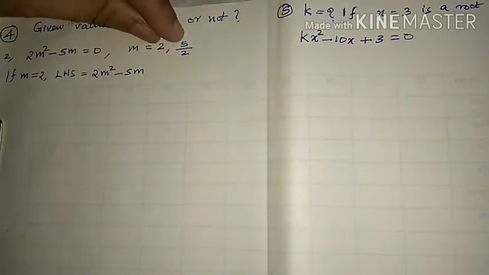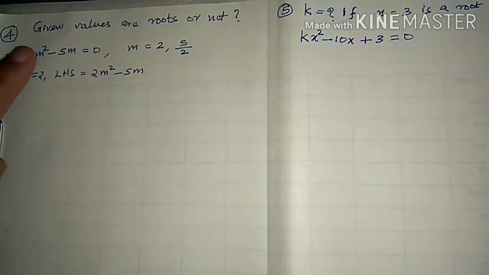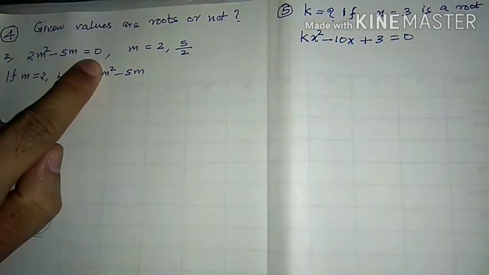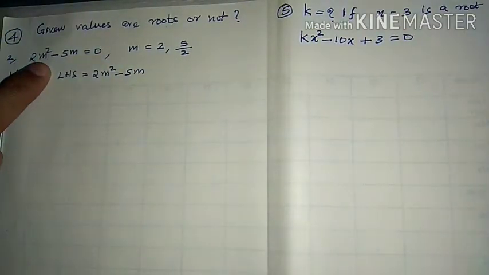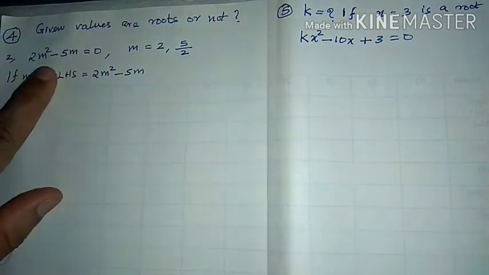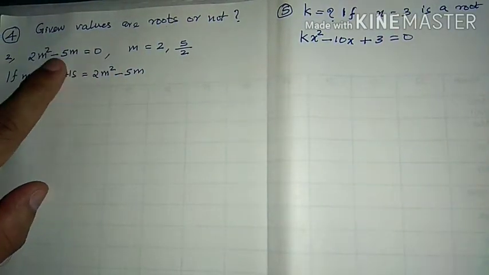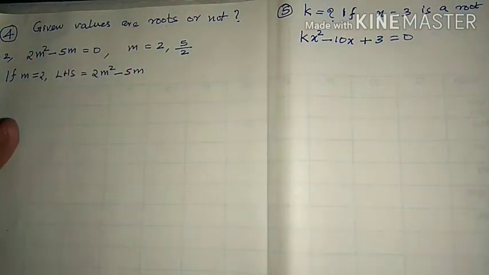Now we substitute these values in this equation. If left hand side equals right hand side 0, that means the given value satisfies the equation. If the given values are satisfying the equation, that is left hand side equal to right hand side, then that is a root, otherwise not a root.